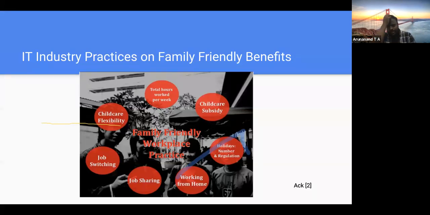So I took this slide from Deepa again, with some cool benefits which are not necessarily given by old age companies. Job switching, job sharing, work from home. Work from home is a very valuable benefit for millennials, including me.